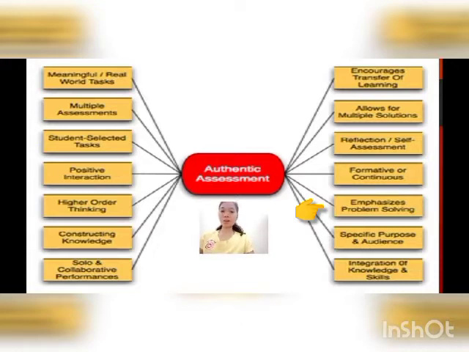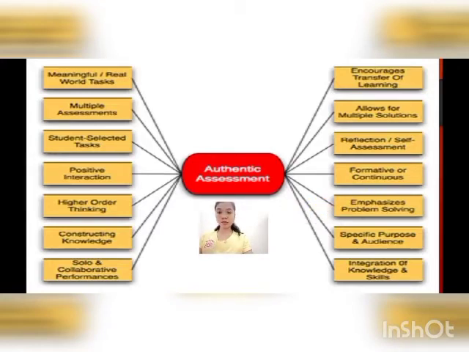It requires a high quality product or performance and a justification of the solutions to problems encountered. Correctness is not the only criterion. Students must be able to justify their answers.